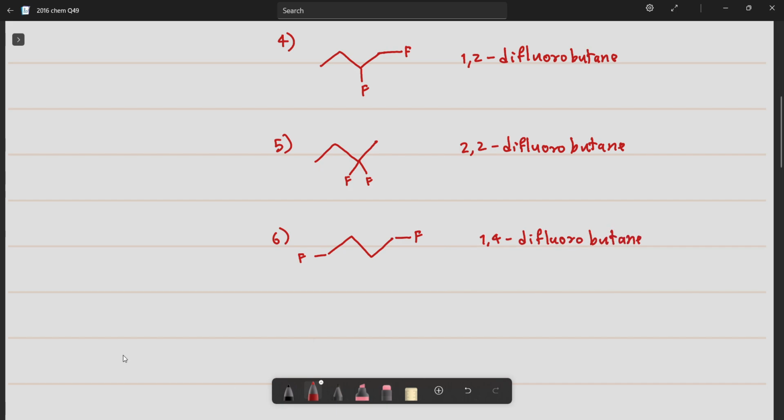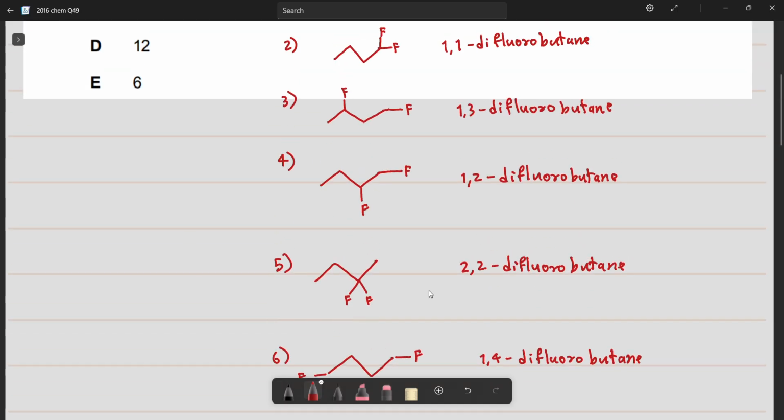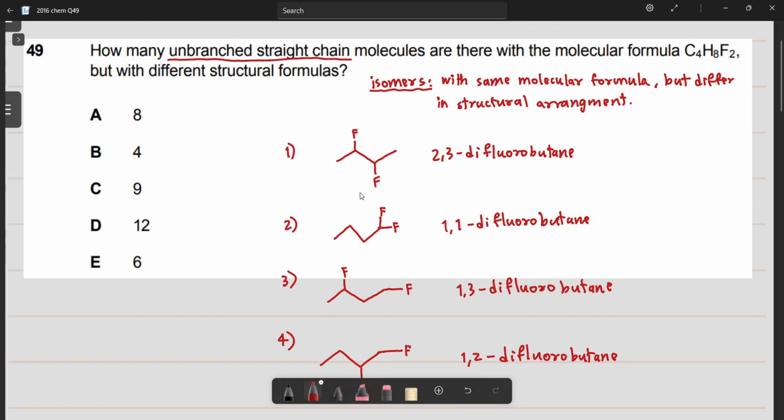Okay, so that's the maximum number of structural formulas we can draw and construct, all corresponding to the same chemical formula: 4 carbons, 8 hydrogens, and 2 fluorine atoms.